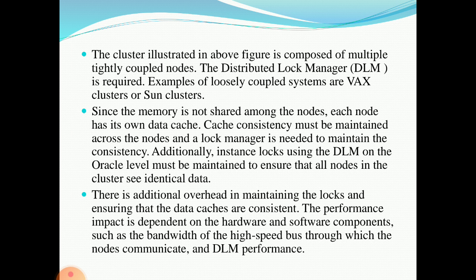If more than one process is going to access the same data, the lock manager will lock it, so that once a particular data is being accessed, it will hold the lock, and only after the access will it release the lock. So a lock manager is needed to maintain the consistency.